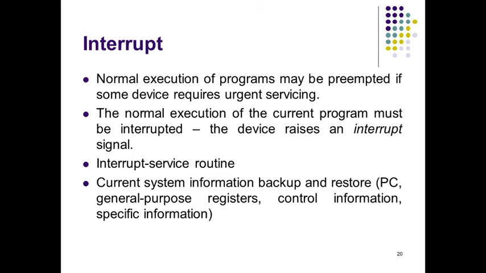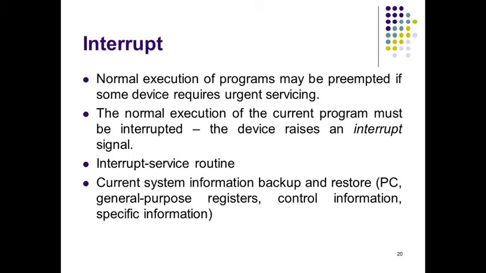The normal execution of programs may be preempted if some device requires urgent servicing. For example, a monitoring device in a computer controlled industrial process may detect a dangerous condition.